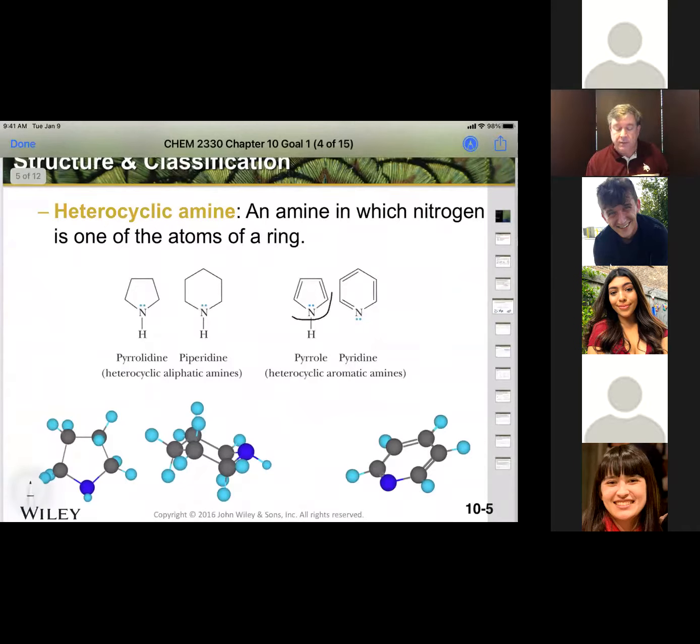In the case of this one right here, we have 6 electrons in a ring, flat, all pi electrons, all p orbitals, so it is an aromatic ring. They each have different properties, the aliphatics, the aromatics, the heterocyclic, and the heterocyclic aromatics.